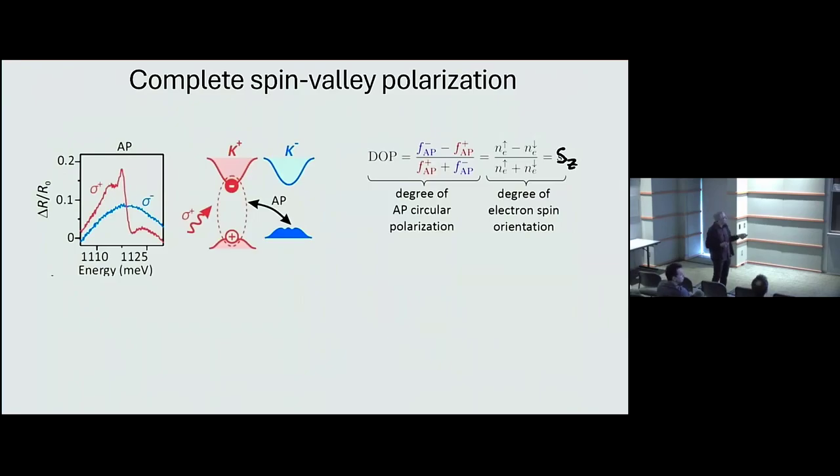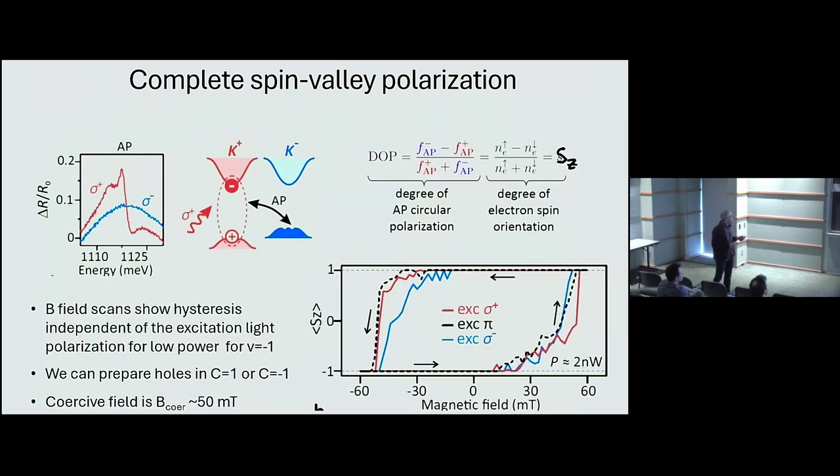So that's how we determine the degree of polarization. And what we then do is to verify that there is ferromagnetism, that we do magnetic field scans, and what we see is that there is a very nice hysteresis curve. And we did this at low power.